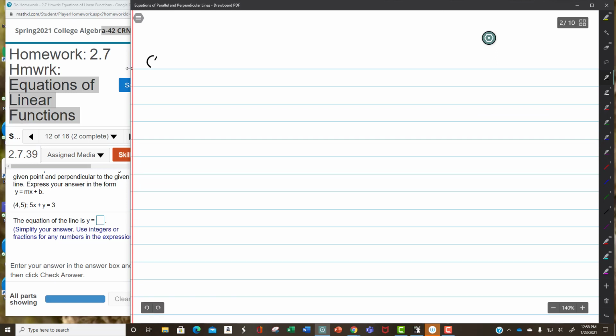Our point is (4, 5), and the given equation is 5x plus y equals 3. And whether our equation is parallel or perpendicular, we still go to the given line for the slope.